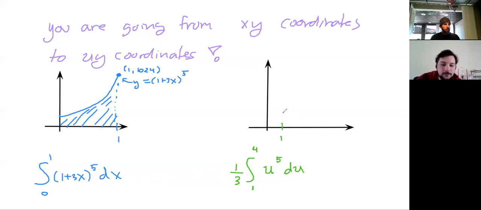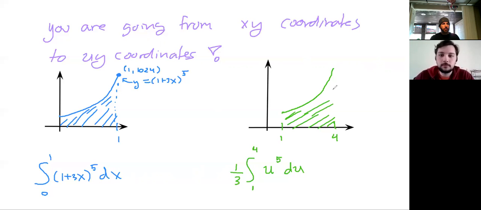So when I plug in 1, this is 1. And then when I plug in 4, what I'm doing is I'm going like this. So this region under this particular curve, what's this point?